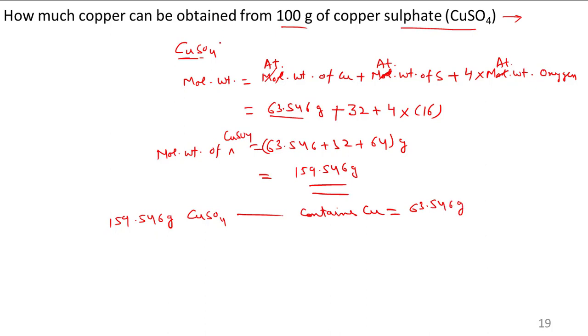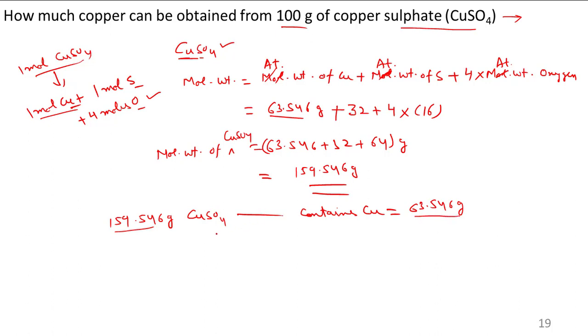This formula shows that 1 mole copper sulfate is equal to 1 mole copper plus 1 mole sulfur plus 4 moles oxygen atoms. The weight of 1 mole of copper sulfate is its molecular weight, which is 159.546, and the weight of 1 mole of copper is its atomic weight, which is 63.546. So this much gram of copper sulfate contains this much gram of copper.